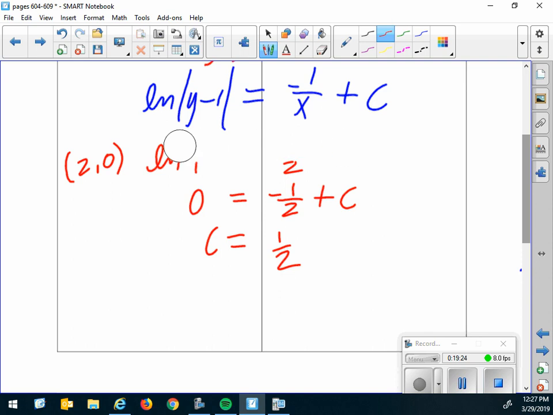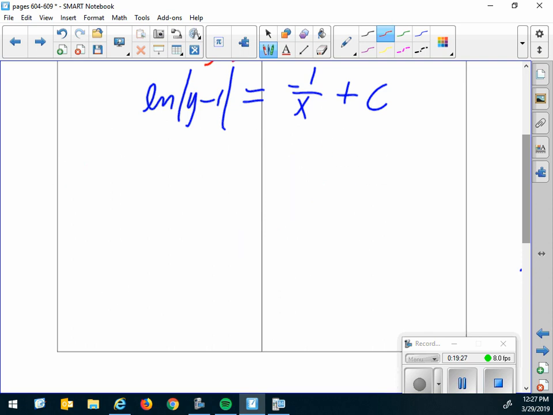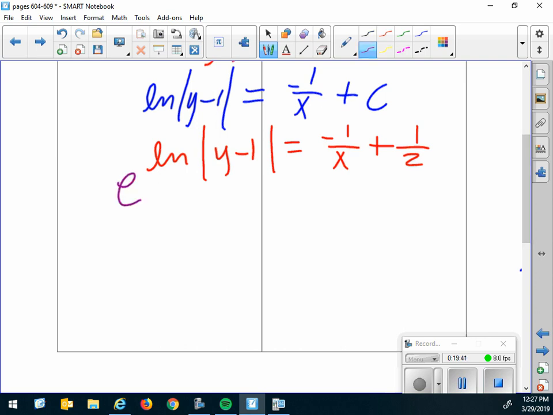Okay, so you got that part, that c is a half. So now I've got natural log of absolute y minus 1 equals negative 1 over x plus half. Now I'm going to do e to the, these bases are the same.